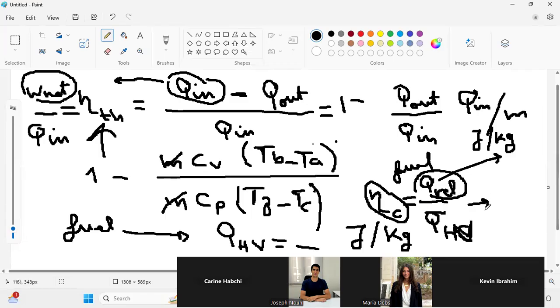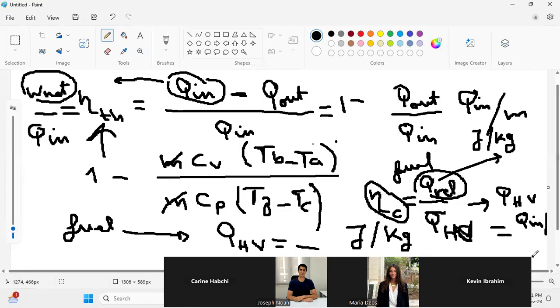The heating value of our fuel can be calculated as Q released over the efficiency, and Q released is Q input over M, over the combustion efficiency.